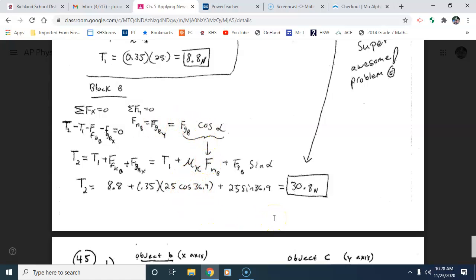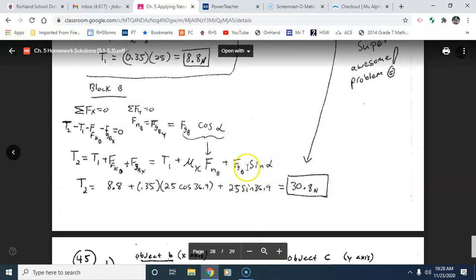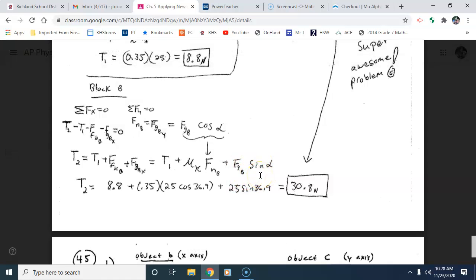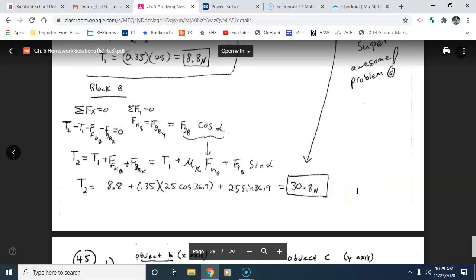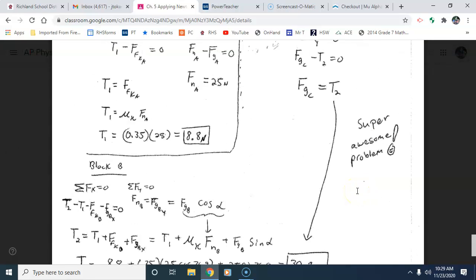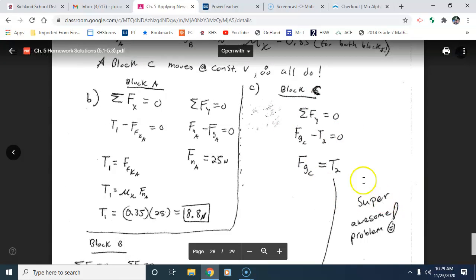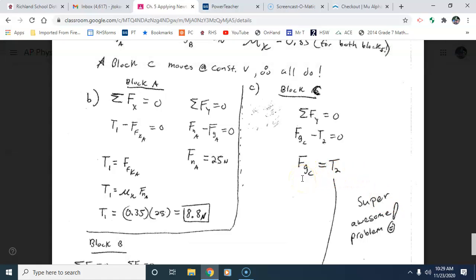And then this x component of the weight is the weight of block B times the sine of the angle, plugged in there. So it's just a lot of little steps, but we have all that information giving me that tension 2 must be 30.8 newtons. And if that's 30.8 newtons, we already proved that that also equals the weight of block C, as we proposed up here.